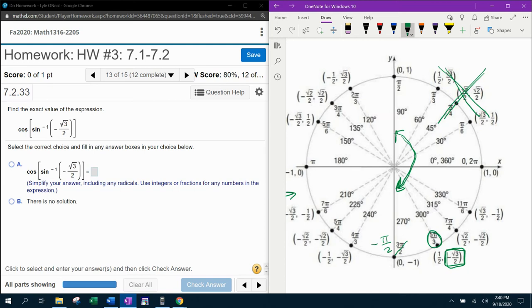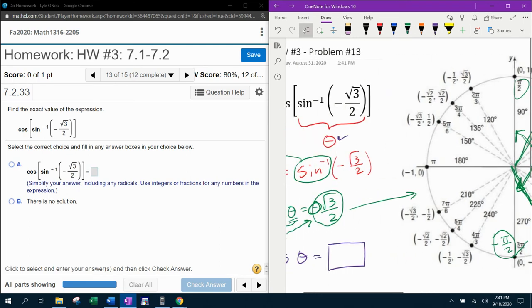But remember, we're doing angles from negative pi over 2 to pi over 2. So the actual answer would be negative pi over 3. Do you see that? Positive pi over 3 goes to here. So this angle that's at 5 pi over 3 is equivalent to negative pi over 3.